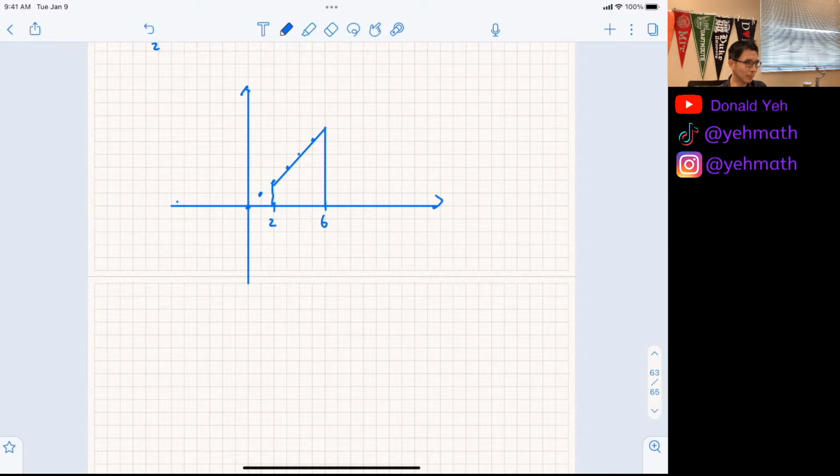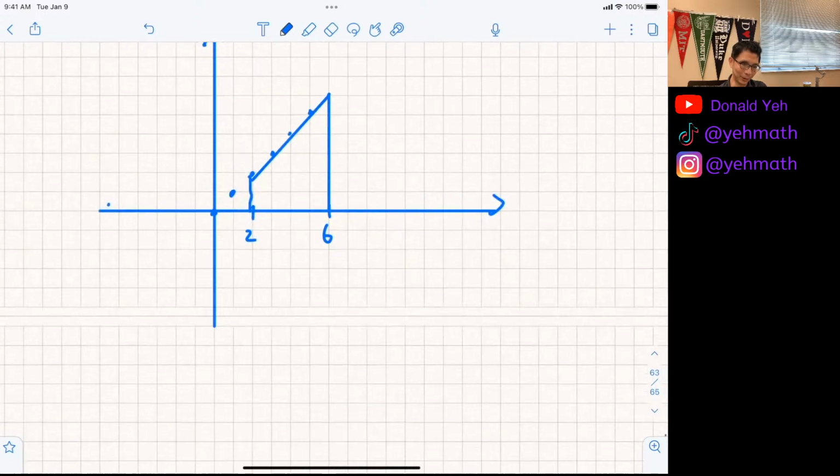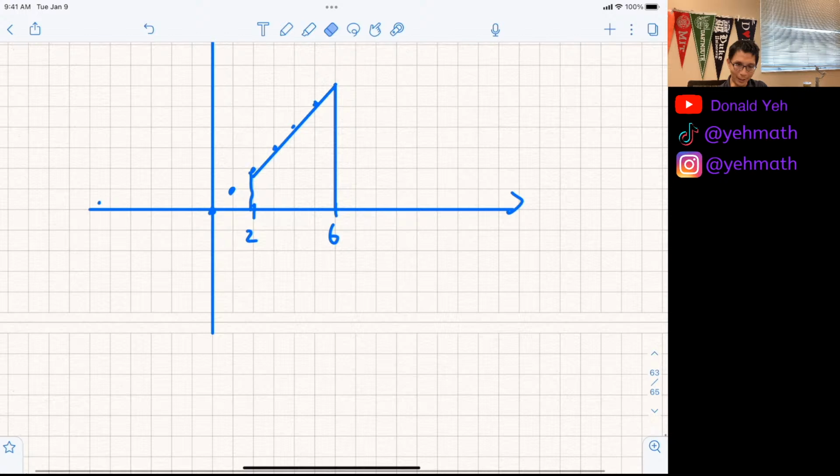No. You could split it into a triangle and rectangle, but I want you to find the area of a trapezoid. Okay, we're in trouble. If you don't know it, you should know it, honestly.